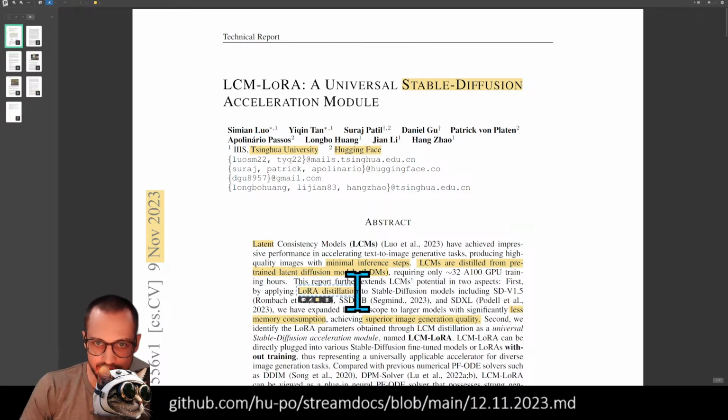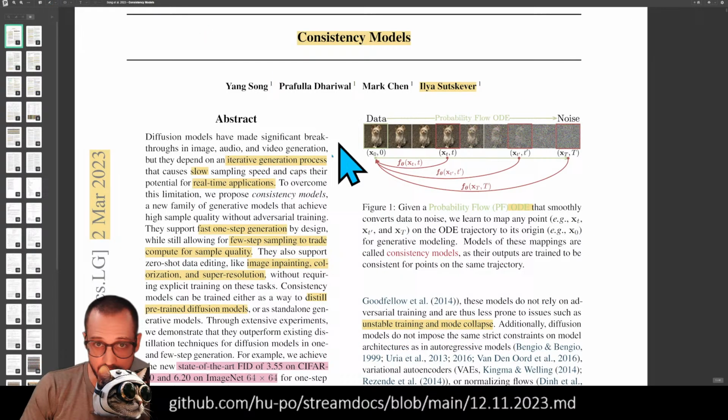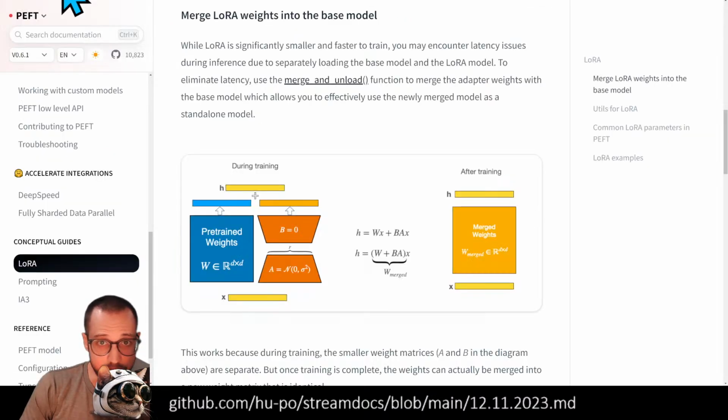They're constraining the space in which you're pushing into just a LoRA. In the original consistency model, you're changing the full weights of the original diffusion model. But in this paper, the LCM LoRA, you're only pushing gradients into a little LoRA.